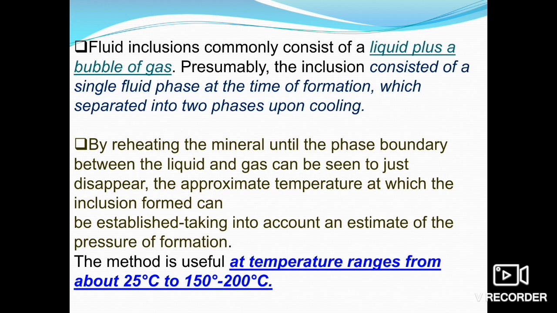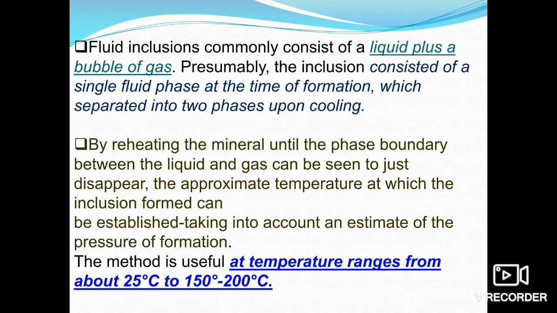So by reheating the mineral until the phase boundary between the liquid as well as gas can be seen to just disappear, the approximate temperature at which the inclusion formed can be established, taking into account an estimate of the pressure of the formation. So by the process of reheating, the minerals can be reheated until the phase boundary between the liquid and gas is seen to disappear.